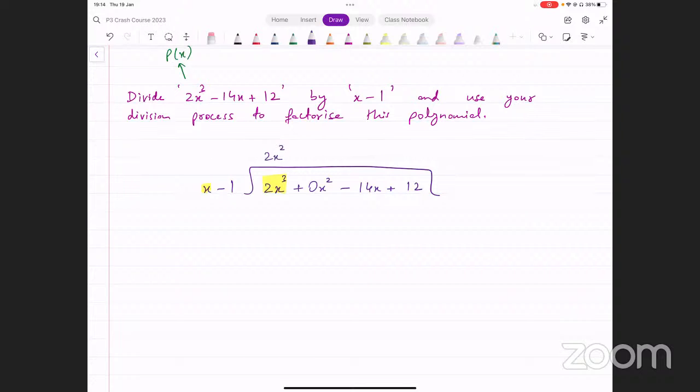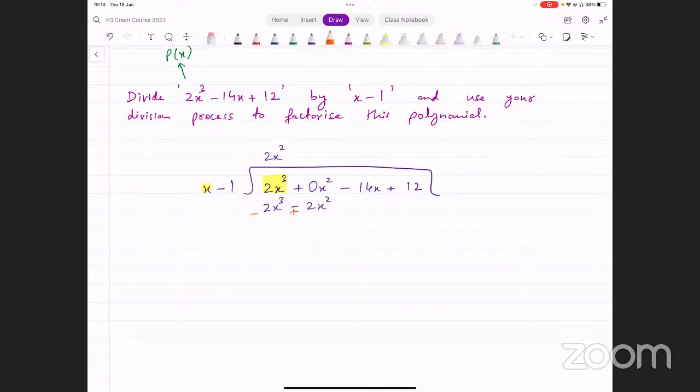All right. x multiplied by 2x squared is going to give you 2x cubed. And now you multiply 2x squared with this whole thing. That gives you 2x cubed minus 2x squared. And now you change the signs and do the subtraction.